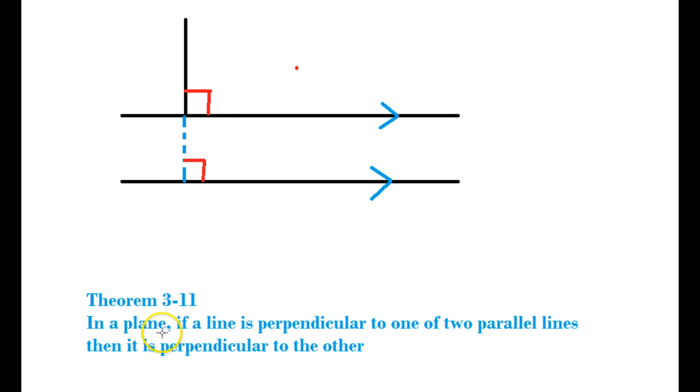So let's say it the way they say it, which is much better. In a plane, if a line is perpendicular to one of two parallel lines, so here are the two parallel lines, then it is perpendicular to the other. This line is perpendicular to one, therefore it must be perpendicular to the other. That's something that this problem tests from an old chapter.